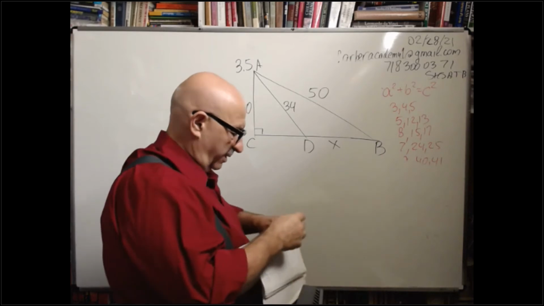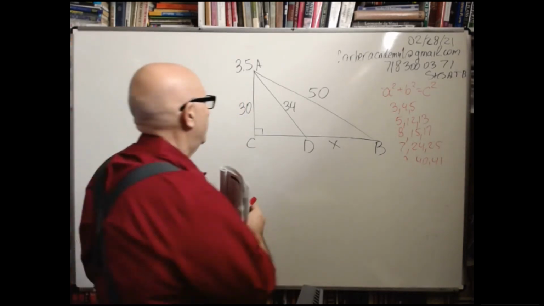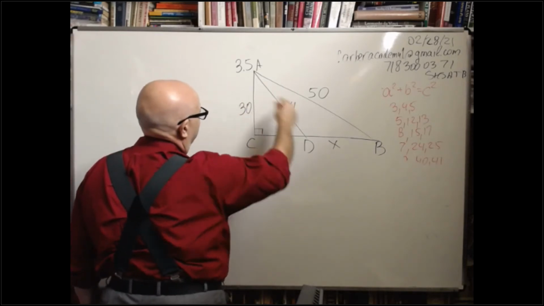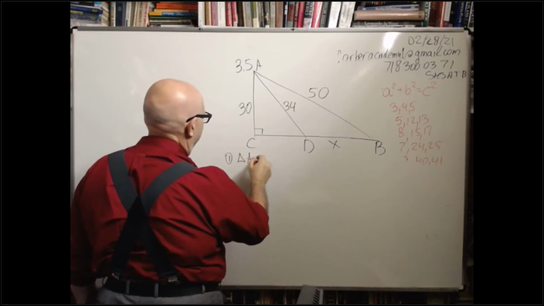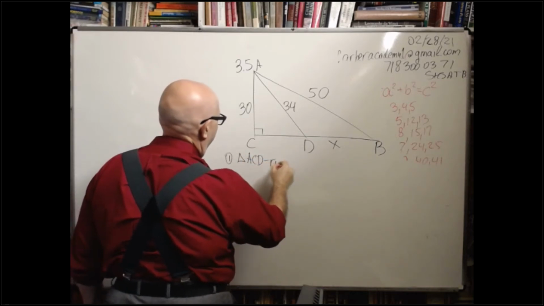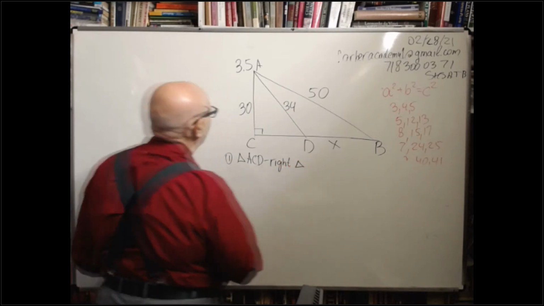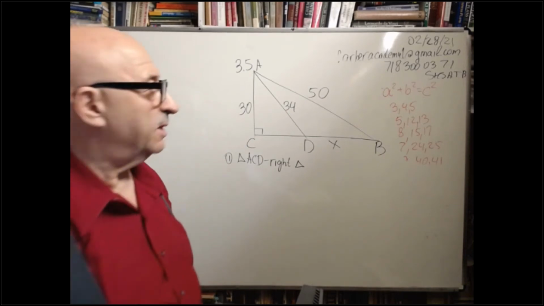I use red color. Try to follow me. I'll do step by step. Look at this. I start from triangle ACD. Step number 1, triangle ACD is right triangle.